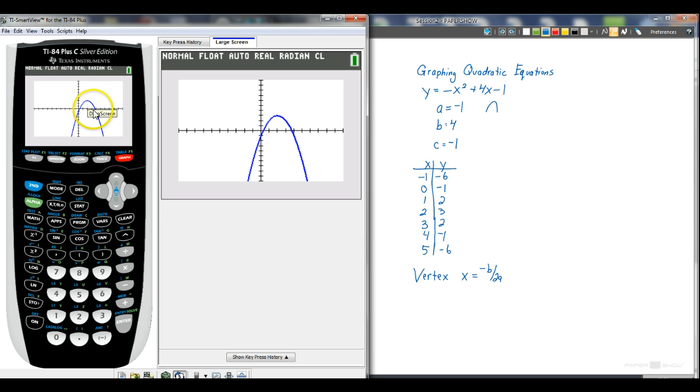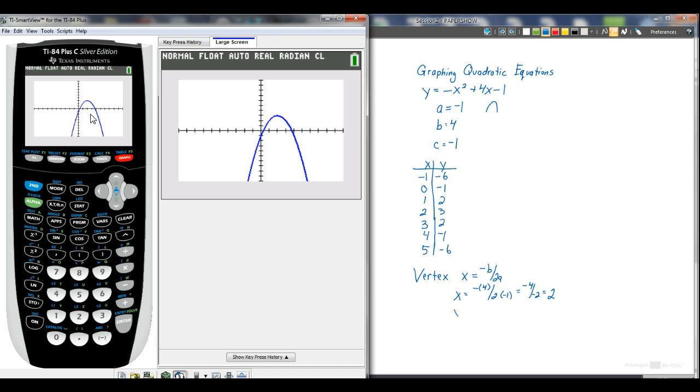If it's opening upward, then it's the minimum. So this one would be the maximum. So we use x equals negative b over 2a. We have a negative, and we put in 4 for b, over 2 times negative 1. So we have negative 4 over negative 2, or 2.